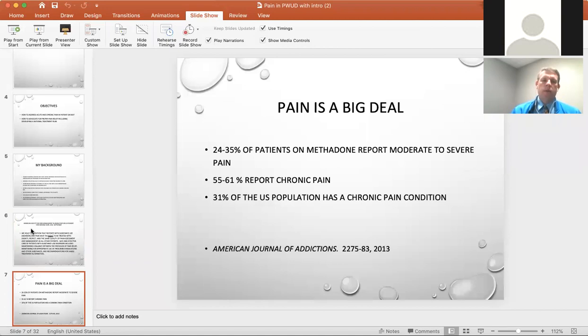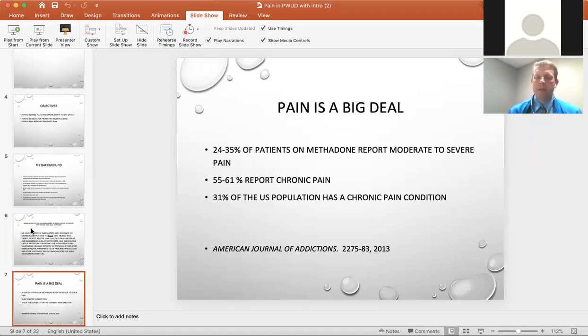Pain in general is a big problem. It's a common complaint, and everyone knows this. But our methadone patients, and this is probably a low percentage here, at least a third of our patients on methadone, and I'll say my patients on buprenorphine too, have a chronic pain problem.